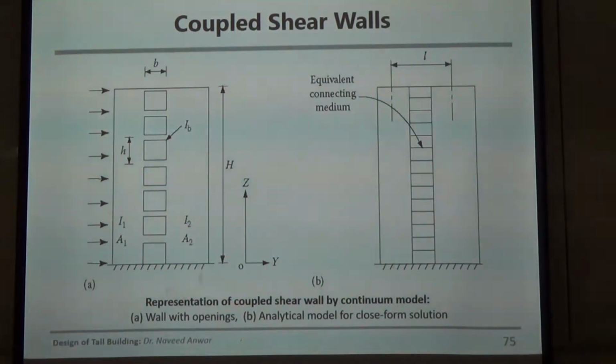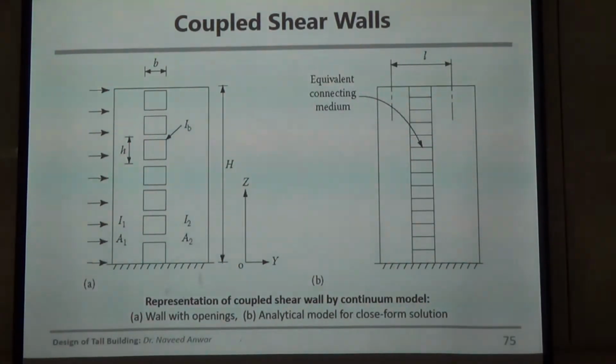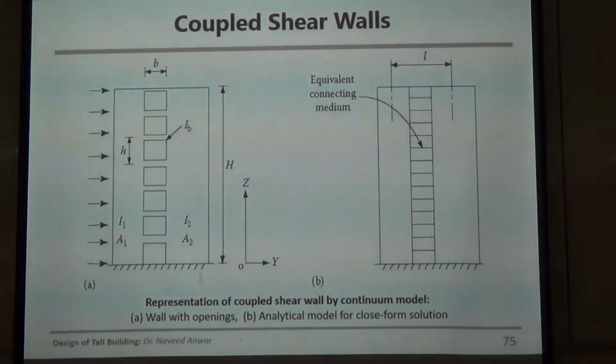So that is our main target in tall buildings, to look for two things. First, we look for a wall and a frame to connect them together by a coupling, and we look for walls and walls and try to connect them by a coupling, so that we can take advantage of the coupling effect between walls and the coupling effect between frames and walls, because we know that the sum of those stiffnesses will be much larger than their original stiffness.